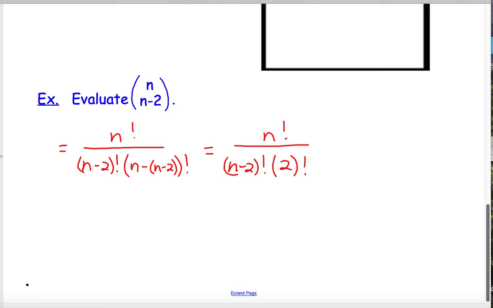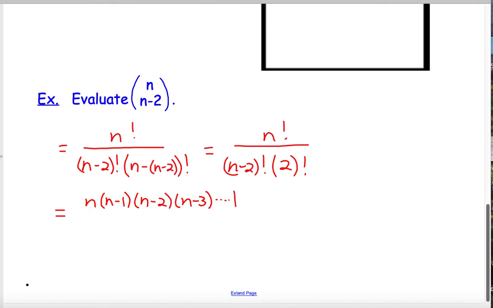Now, let's write this out. What is n factorial? Well, it's n times n minus 1 times n minus 2. We keep subtracting 1, right? n minus 3, and so on, until we get down to 1.